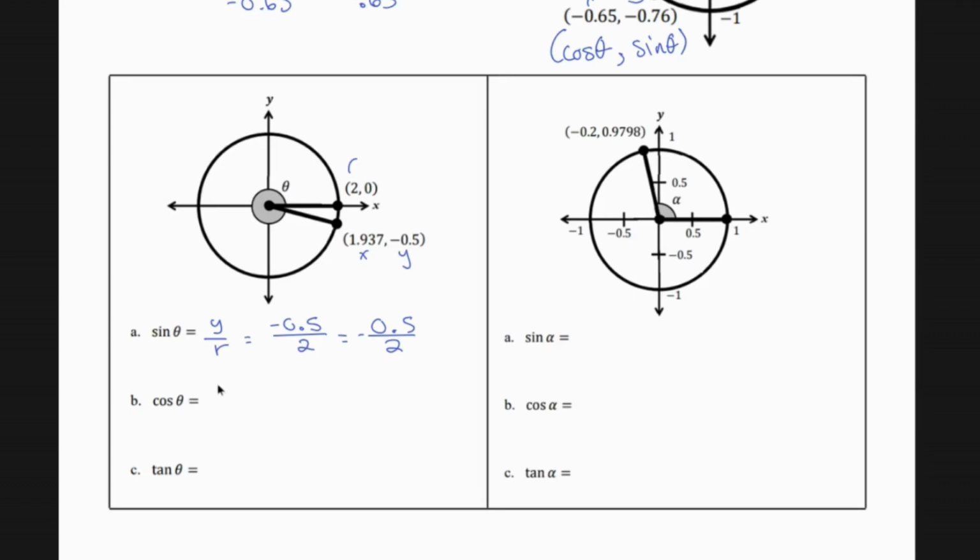Cosine theta is going to be x over r, and x is 1.937 over 2, so we can leave it at that. And tangent theta is y over x, so negative slope for sure. So negative 0.5 over 1.937, so let's just rip the negative out front and leave it like that.